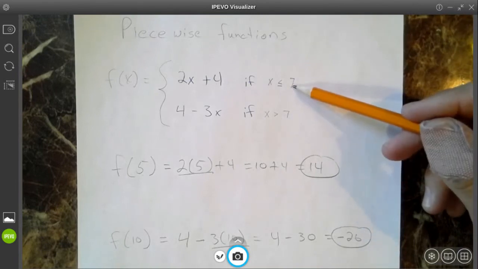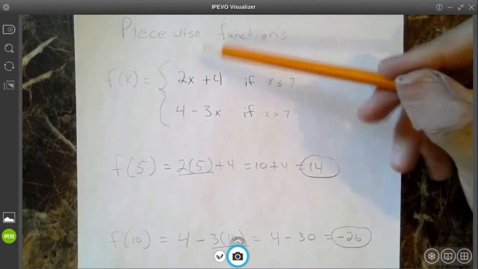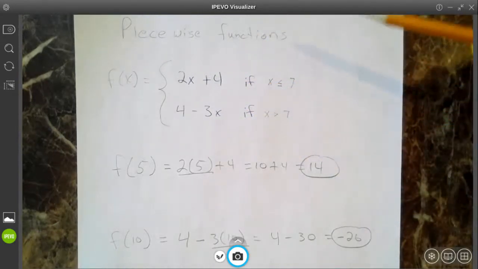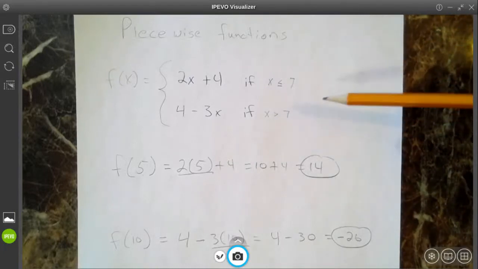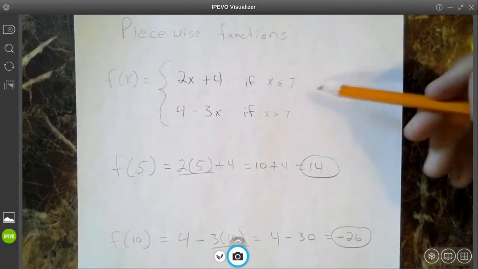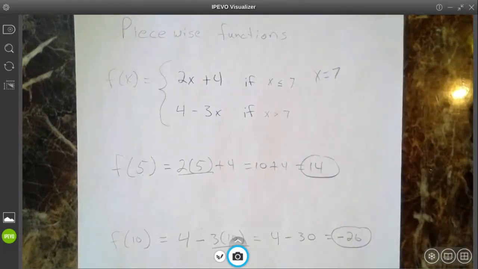In calculus, you would plug in 7 for x on both of these functions and see if you get the same answer back on both, and that'll tell you whether the function is continuous or not. But we're not doing calculus. We're just plugging in 7 for x.